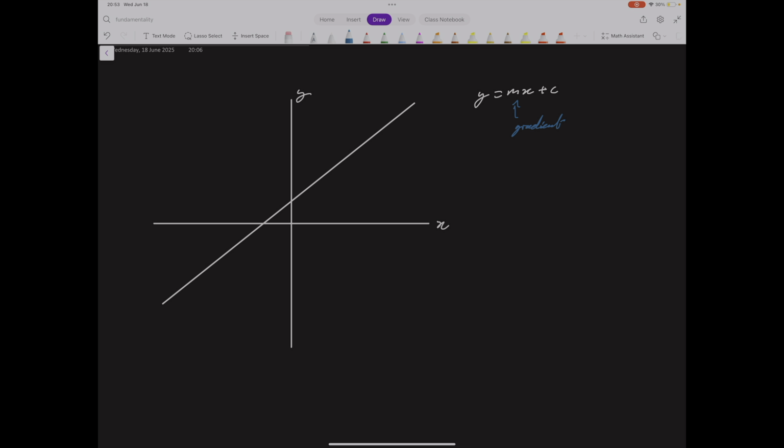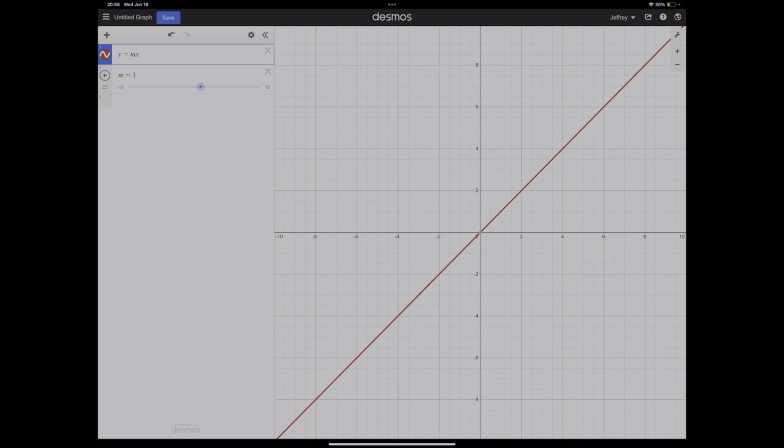It's a number that describes the change of the graph, not just one specific point. So it can be very useful in real life applications, which we'll get into in another video. So let's have a look at how changing the gradient can affect the line.